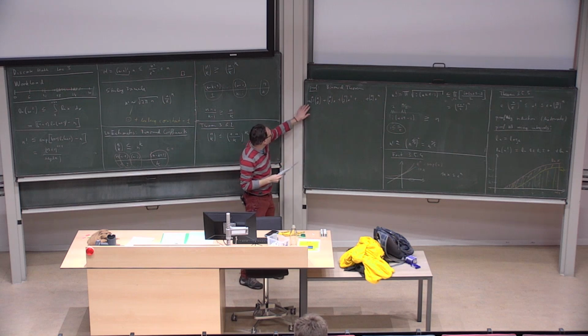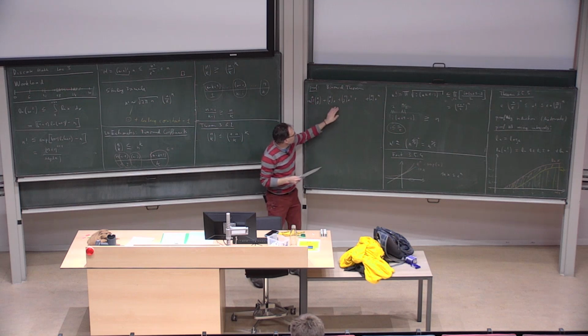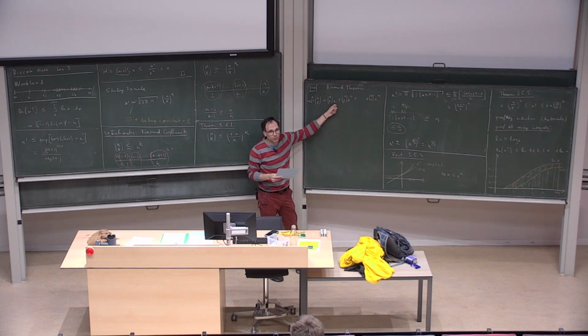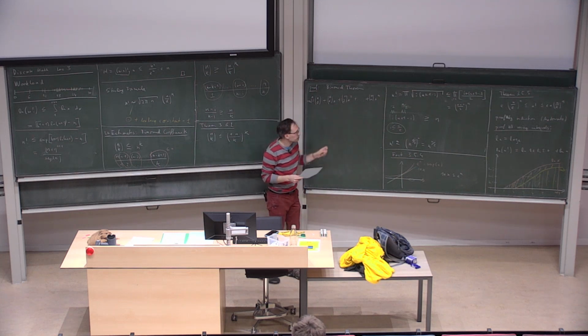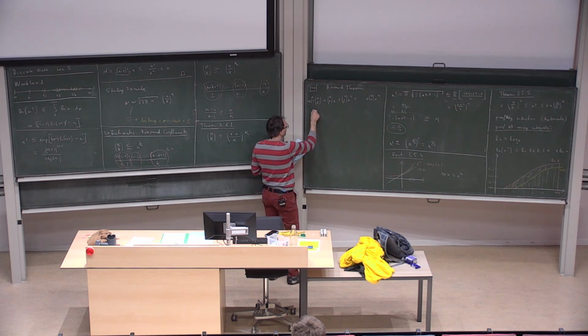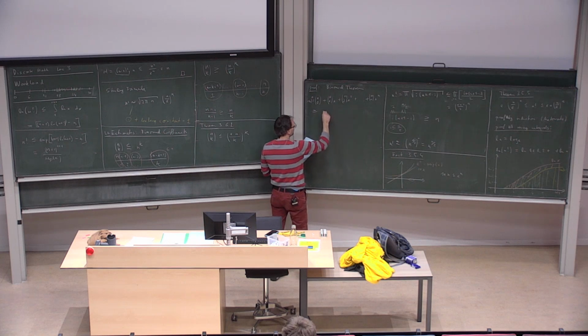Okay, so we have this (1 plus x) to the n, and this is just all these binomial coefficients with this x here, that we proved last time, this binomial theorem. And we make the left-hand side smaller, is that right? Yeah, by just taking only one of them.